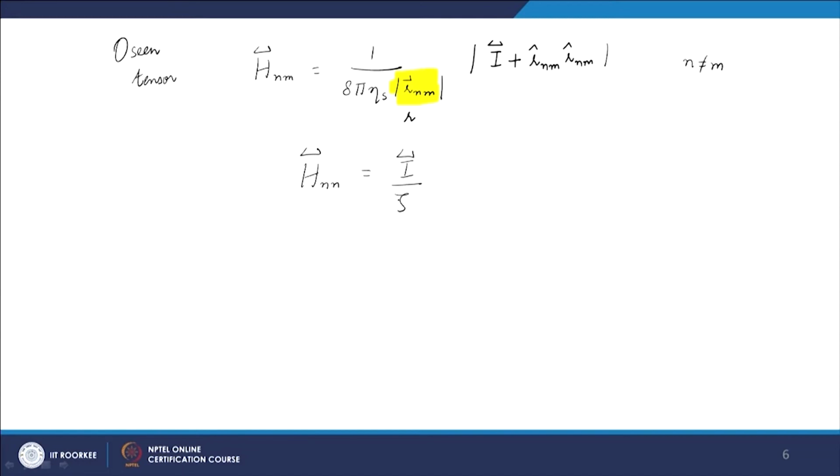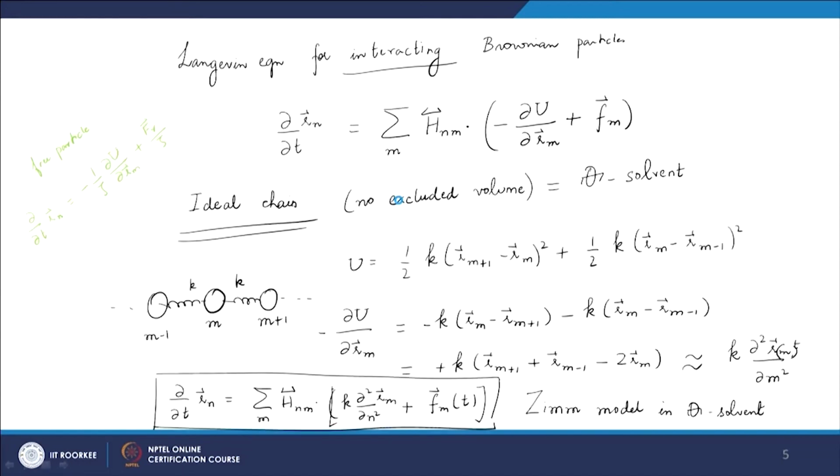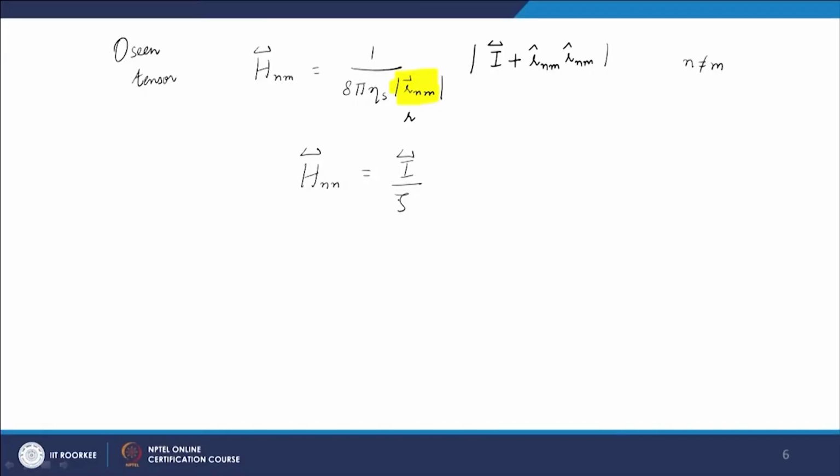To proceed, what we do here is you keep in mind that there are many beads. So, every bead is interacting with many other beads in the solution. So, of course, we have to solve for many mobility tensors or mobility matrices. We make an approximation here that is called the pre-averaging approximation, which goes like this.